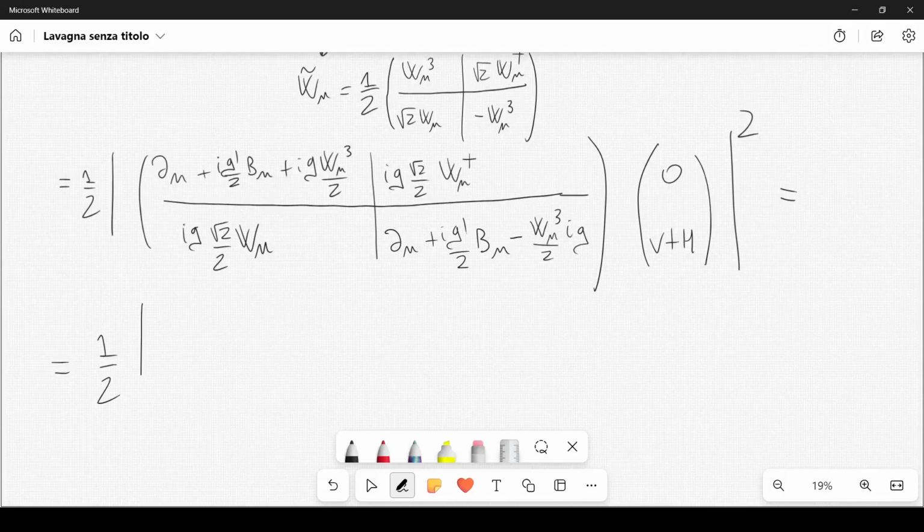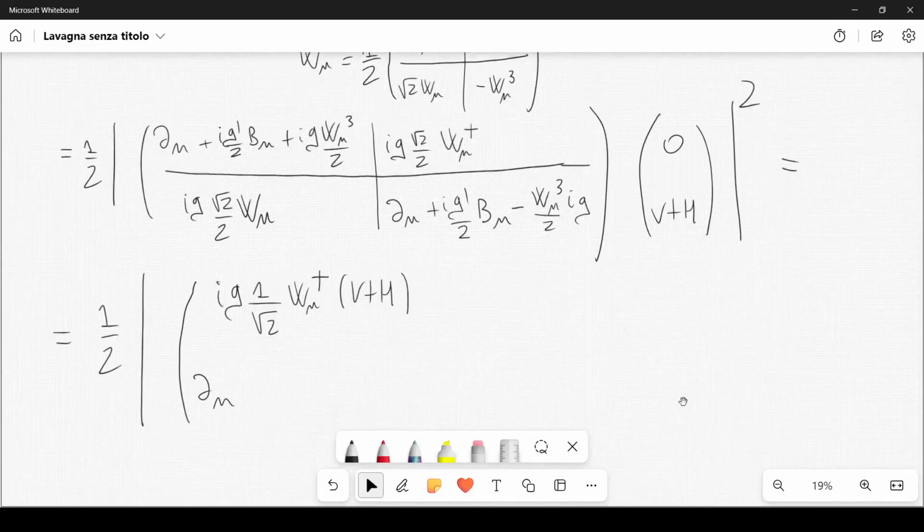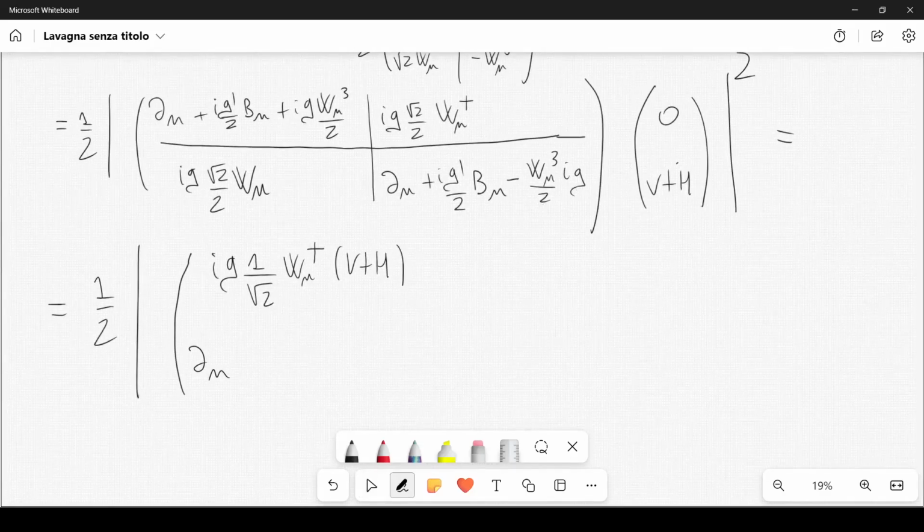We have 1/2 mod of a vector whose first component is Ig 1 over square root of 2 W mu dagger v plus h. Then the second entry is d mu. So the derivative is only going to act on h because v is a constant.